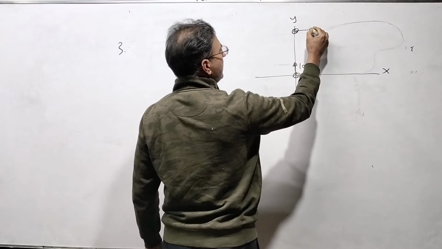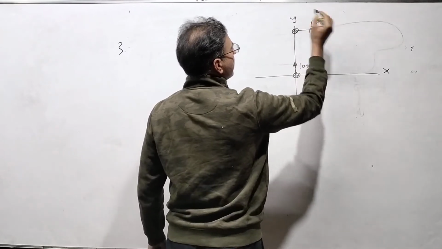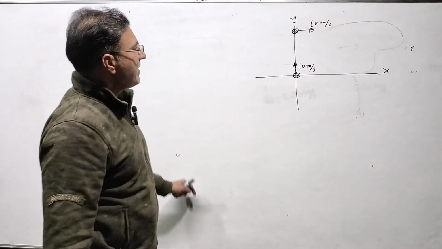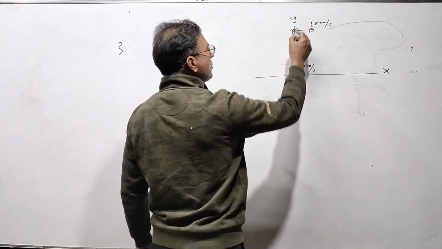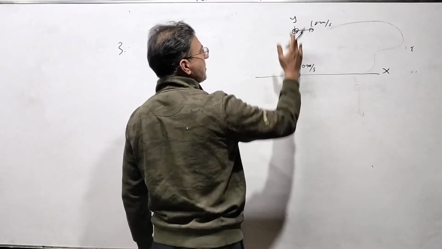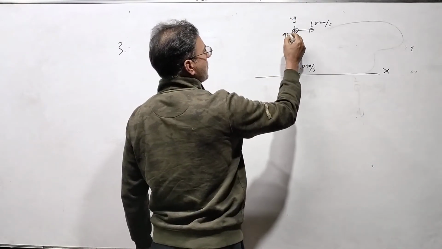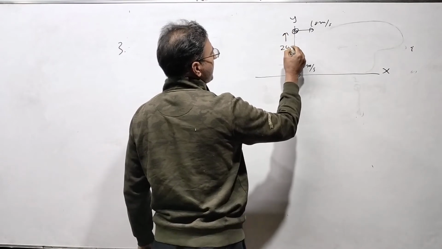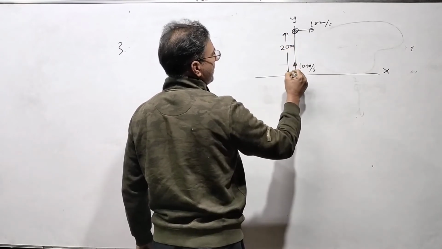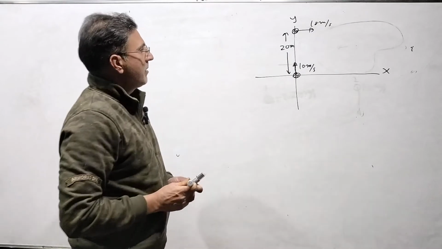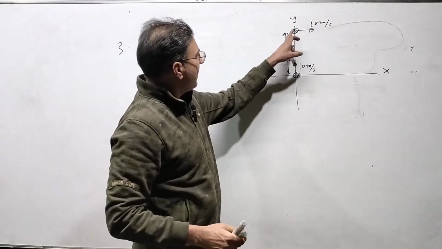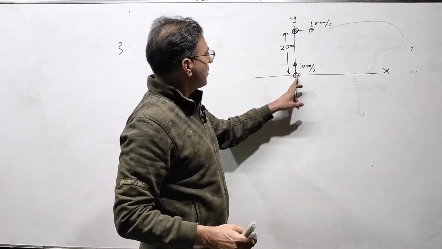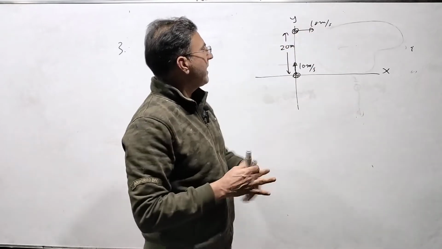It has this velocity, 10 meters per second. And the distance between these two objects initially, when they start their motions, is, let me suppose, 20 meters. Both of them are moving. Initially, they were having these positions. This object moves up and this moves in the forward direction.